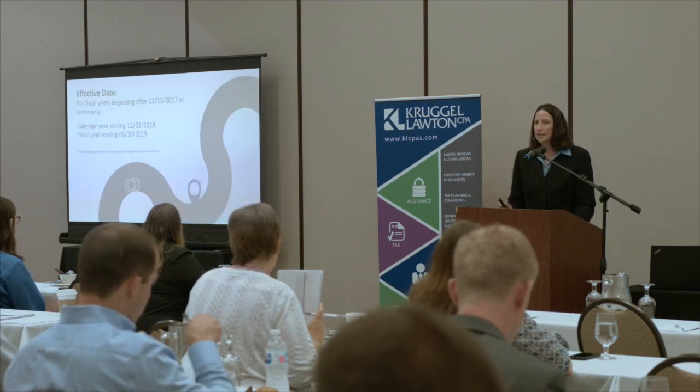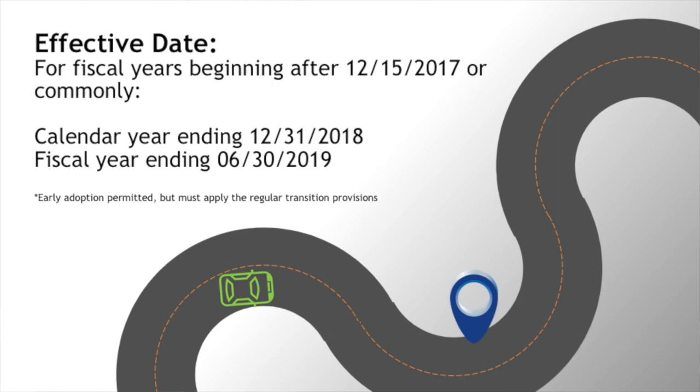So the effective date for the new standard on financial statement presentation is for years beginning after December 15th of 2017. So this is a statement that is effective for 2018. If your calendar year began on January 1st of 2018, this will be effective for your 2018 engagement.